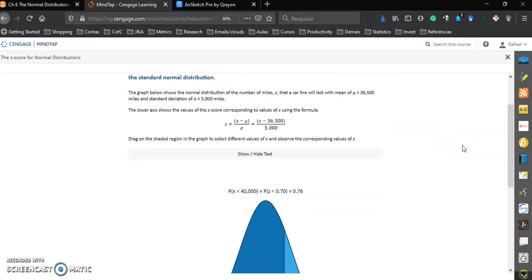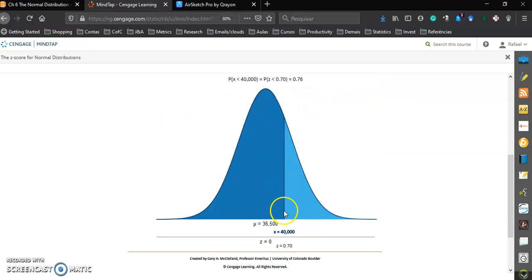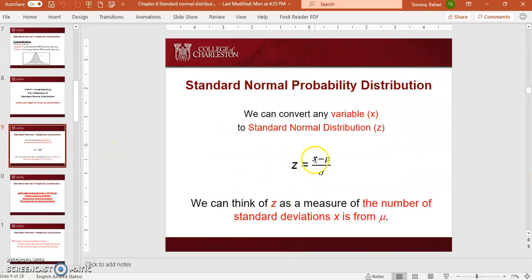time on this one again, but just to remind you, we have the number of miles for the Greer Tire Company with a mean and a standard deviation, and then we can turn, let's say, a tire with 40,600 miles into a z-score of positive 0.82 by using this formula here.